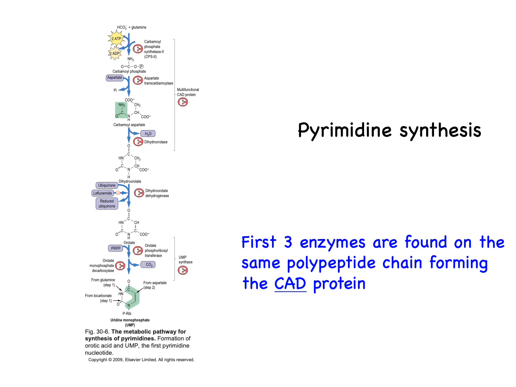Now, it turns out the first 3 enzyme activities in this pathway, the carbamyl phosphate synthetase, aspartate transcarbamylase, and dihydroorotase are all found on the same polypeptide.